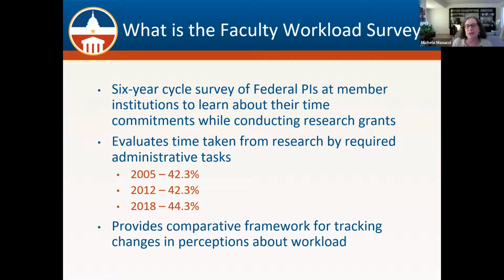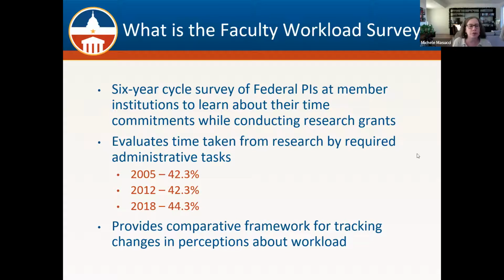So what I thought would be a good beginning place in talking about the faculty workload survey is just bringing us all to the same understanding of the survey. Some of you are new members of the institution. Some of you have been with us for a long time, but just for the benefit of everybody in the audience, I just want to remind everyone that we at the Federal Demonstration Partnership have a cycle of implementing what's called the faculty workload survey.